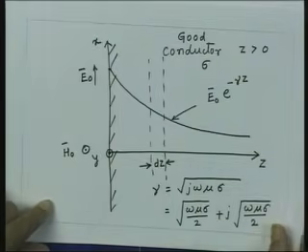So, essentially we can write down in this region the conduction current density.